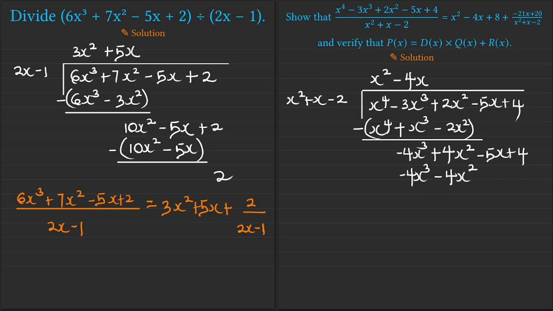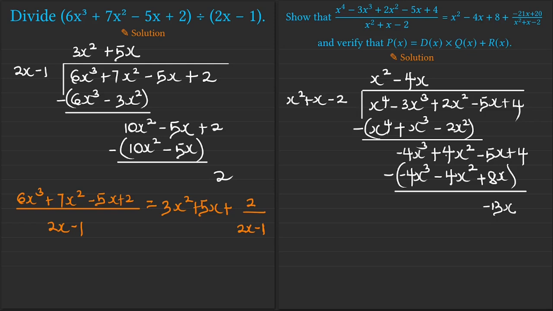Then we have our negative 2 times negative 4x. That gives us a positive 8x, after which we do our subtraction. Negative 5 minus 8, that becomes a negative 13, so negative 13x.